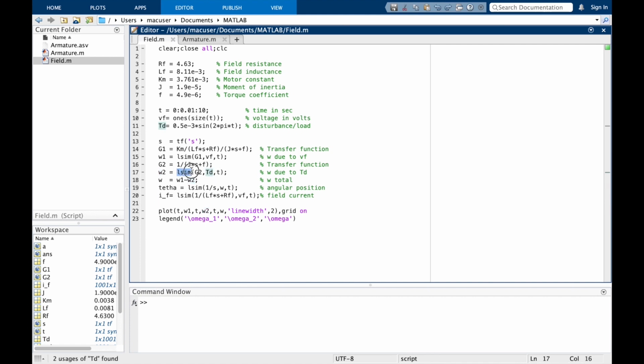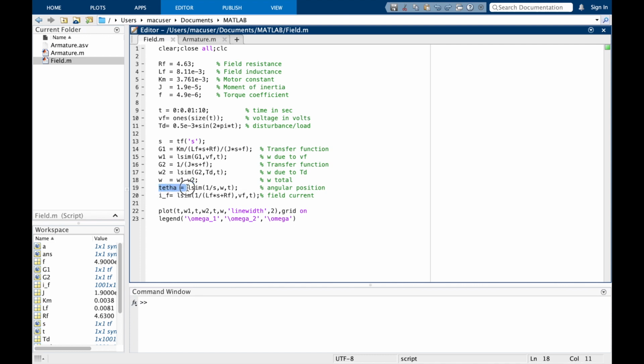So this is linear simulation: the transfer function is G2, the input is Td, and this is the matrix of time. Totally, the omega experienced by the shaft of the motor is omega 1, which is the omega caused by the voltage, minus omega caused by the disturbance.